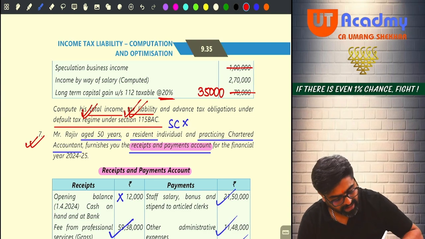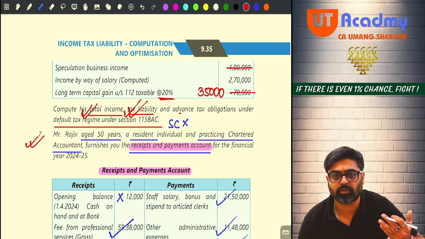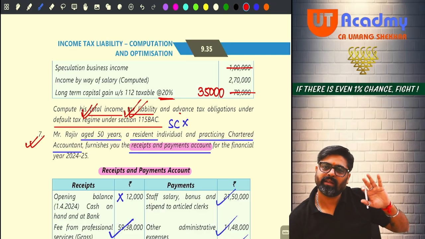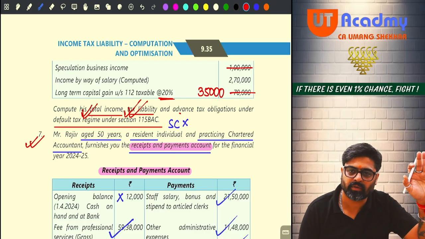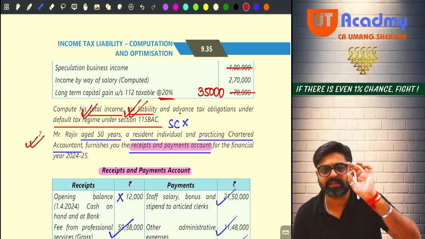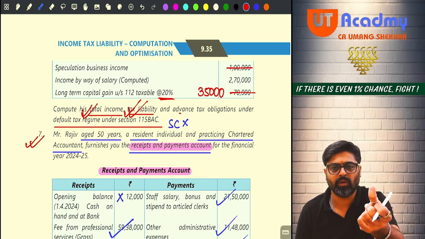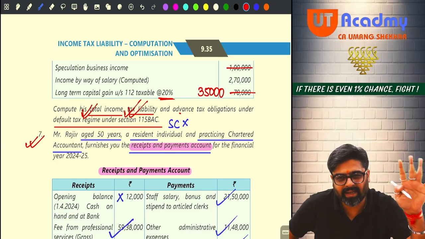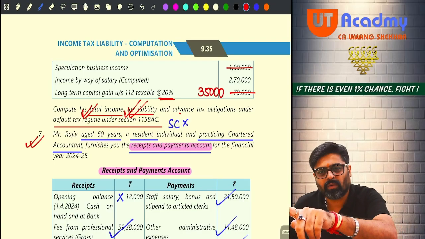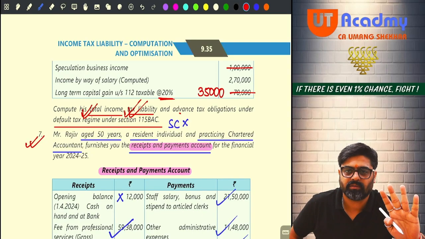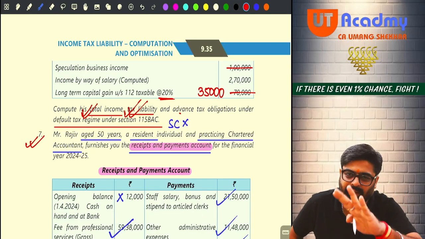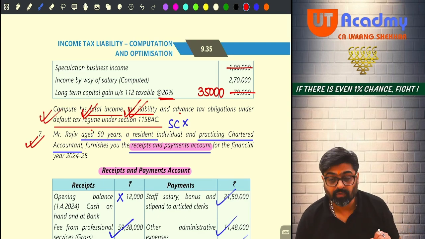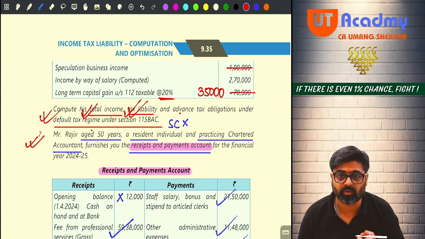And the advance tax obligations also they are saying. Advance tax I have not yet taught you. So once I finish the advance tax chapter with you, then again come to this question. It will be a piece of cake for you. You will be solving that within seconds. But till that time, only calculate total income and tax liability. That's it. Okay, it is very easy. Assuming that you are following the default tax regime. This is a default tax regime question.